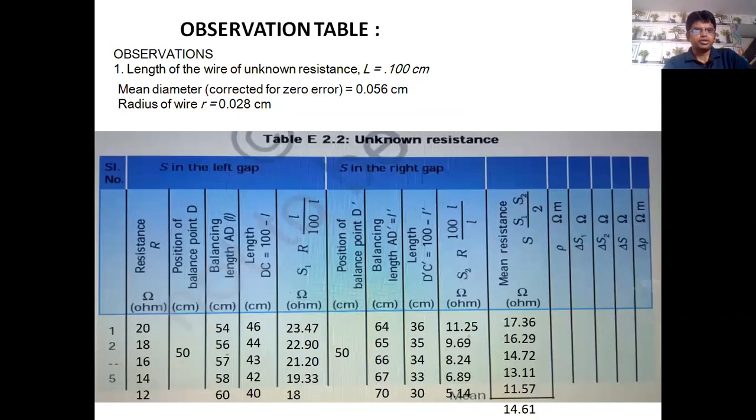Suppose in the table you open 20, and you find the length of the wire L is 54. Then the second length DC is equal to 100 minus L, so you find 46. Then the calculation: S1 is equal to R into L by 100 minus L. You have the value of R, the length, and 100 minus L, so you definitely find the value S1.